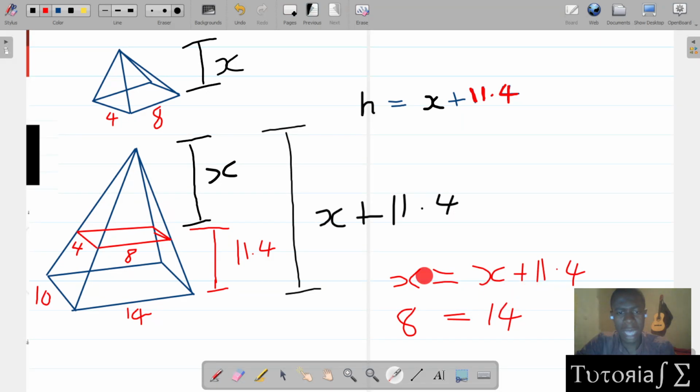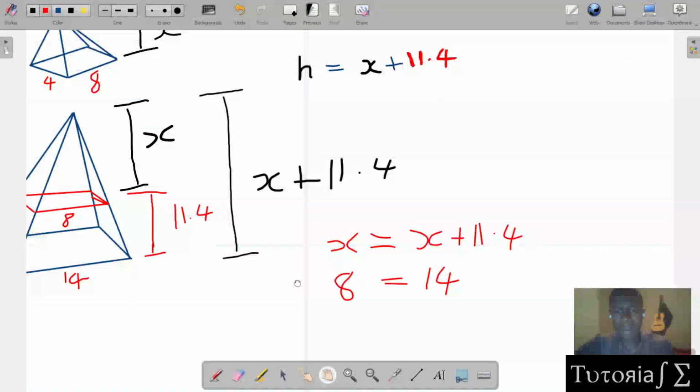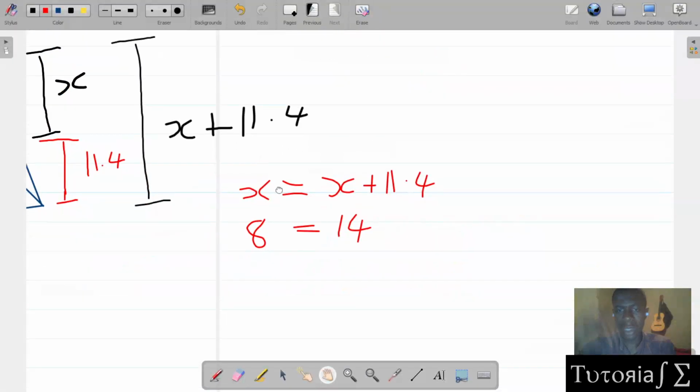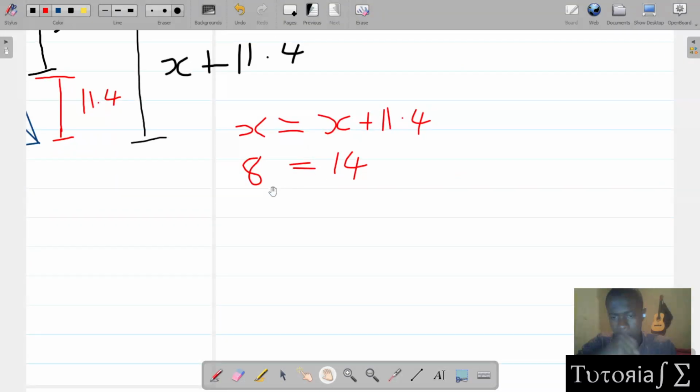The x here, this is x. The 8 here, this is the 8. So this is very important, even as you'll be taking ratios. So from here, we just cross multiply to find our x. So we'll say x times 14, that will give us 14x.